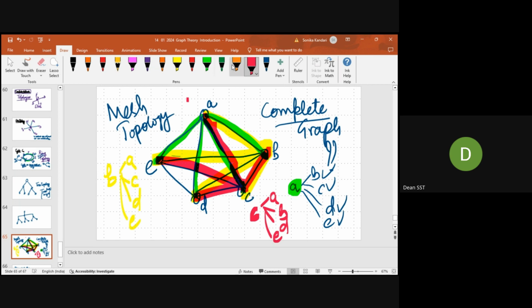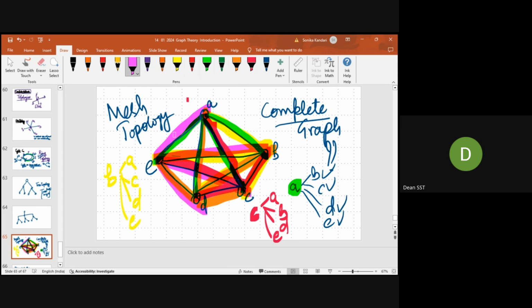Now we have D. So check D to C, D to B, D to A, and D to E. Now we have left E. So E to A, E to B, E to C, and E to D.